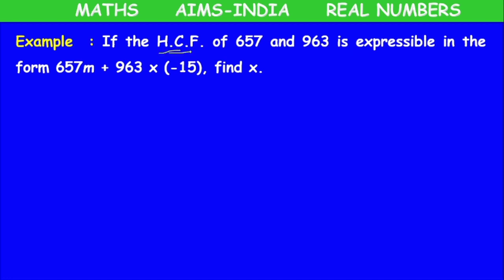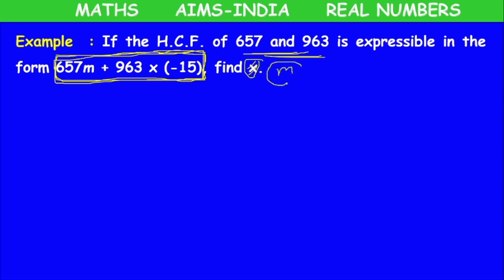If the HCF of the given two integers is expressible in this form, find the value of m.